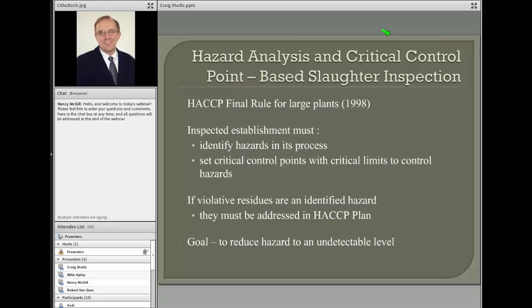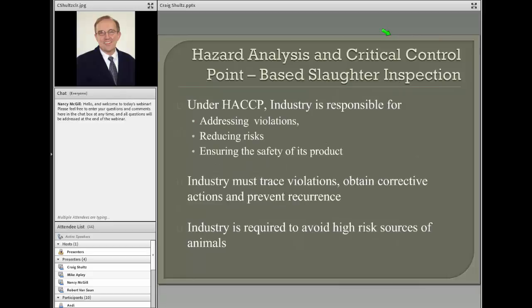The goal with defining a hazard is to either establish a critical control point or a prerequisite program that addresses that hazard, and then within that you establish limits, which if those limits are exceeded, you take corrective actions to keep that hazard under control and potentially reduce it to an undetectable level.